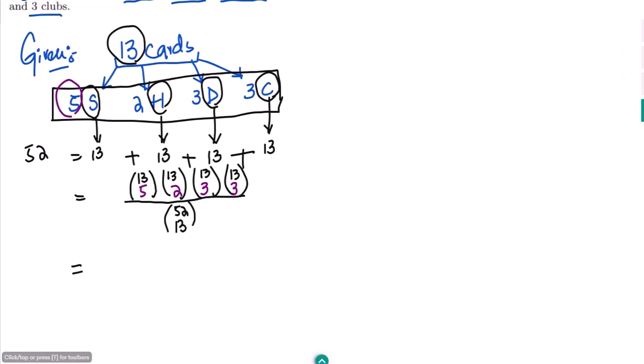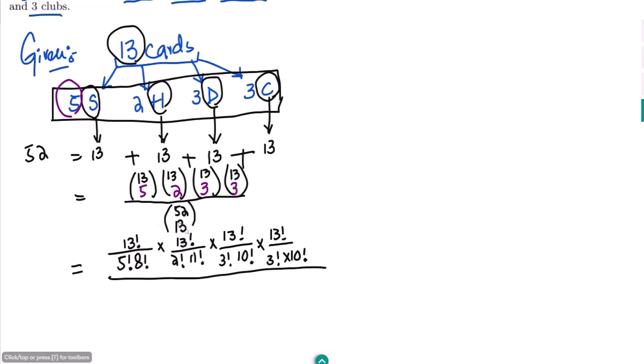Solving it, we will get 13 factorial divided by 5 factorial, 13 minus 5 is 8 factorial, multiplied by 13 factorial divided by 2 factorial, and 13 minus 2 is 11 factorial, multiplied by 13 factorial divided by 3 factorial, 13 minus 3 is 10 factorial, multiplied by 13 factorial divided by 3 factorial multiplied by 13 minus 3 is 10 factorial as well, divided by the overall combinations here, which would be 52 factorial whole divided by 13 factorial, and 52 minus 13 is 39 factorial.